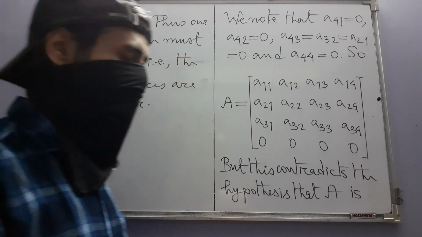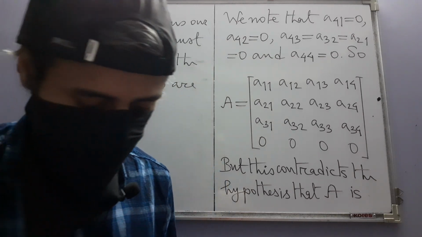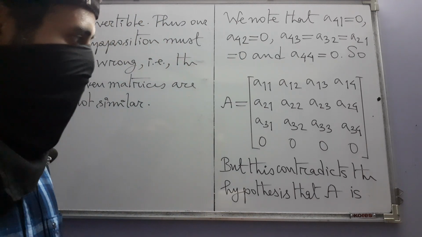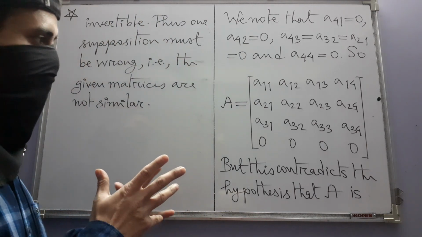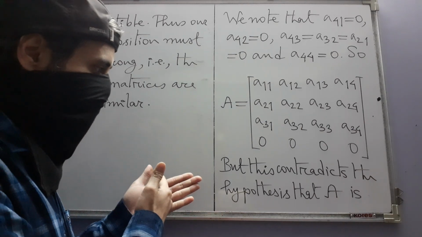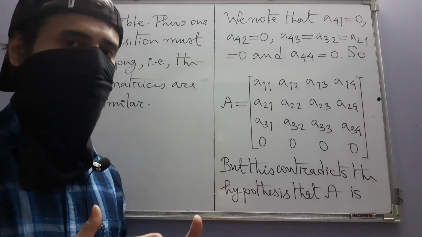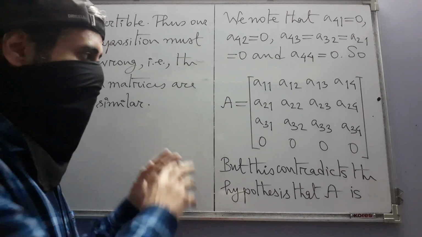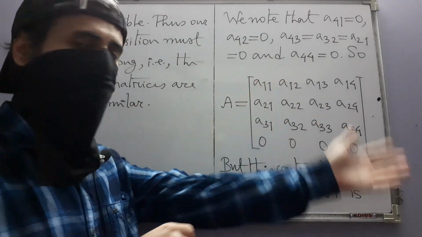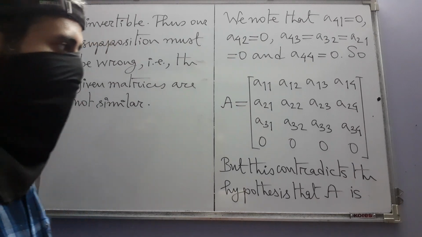There are some little things that sometimes are overlooked and which make life hell. After making the supposition, you will write what it means for two matrices to be similar. A times one matrix times A inverse is equal to the other matrix.